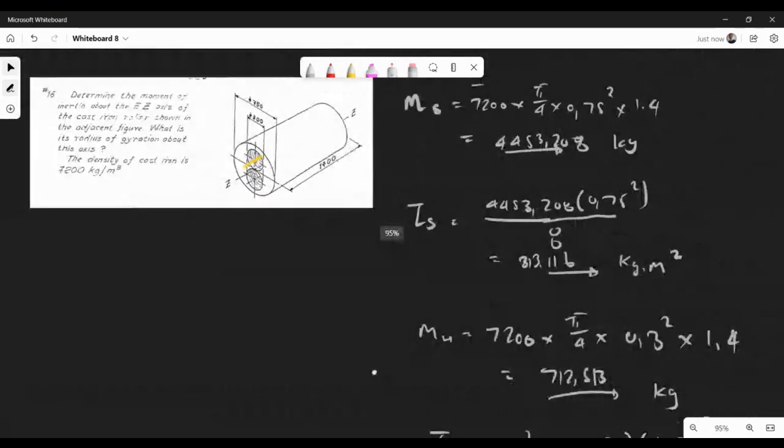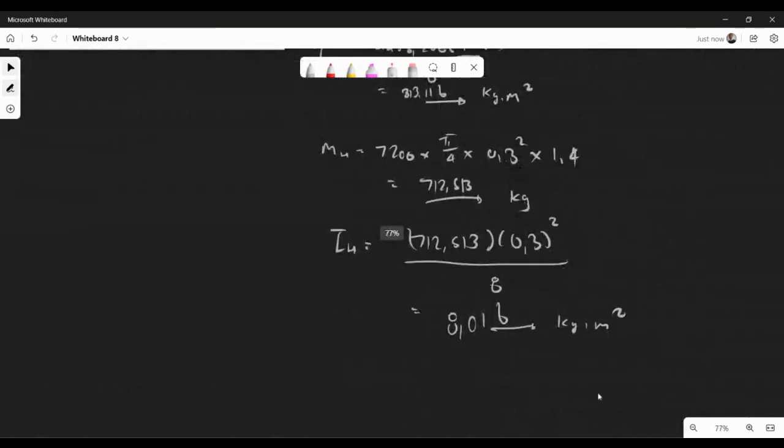Once you master this, you kind of master the whole thing. So IZZ of the hollow section is going to be 8.016 plus the mass 712.513 times 0.15 squared.